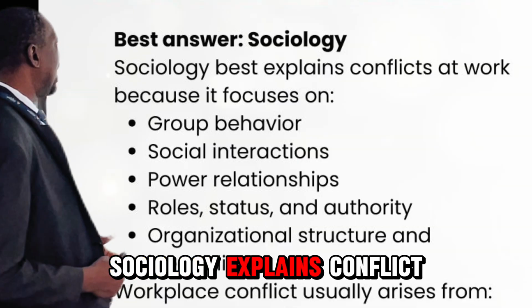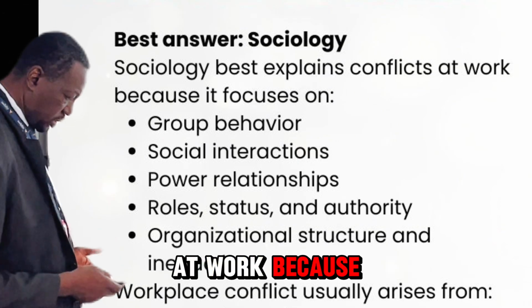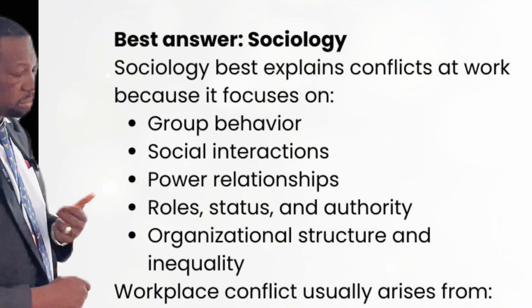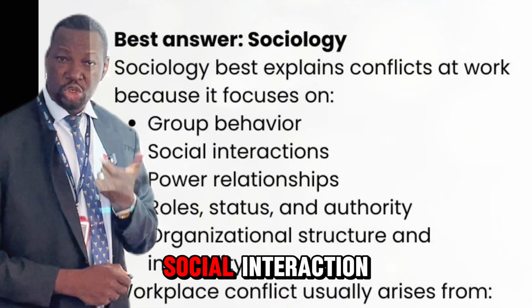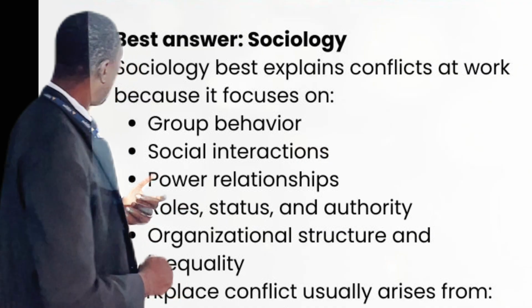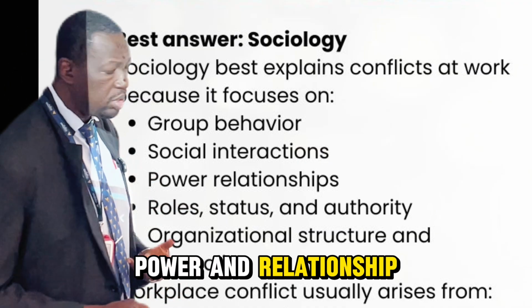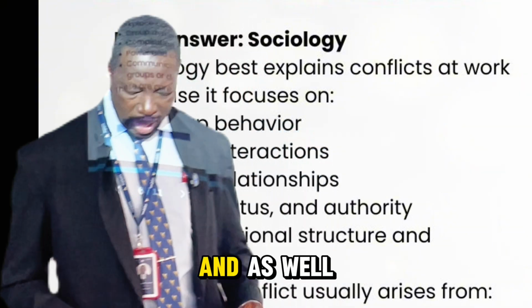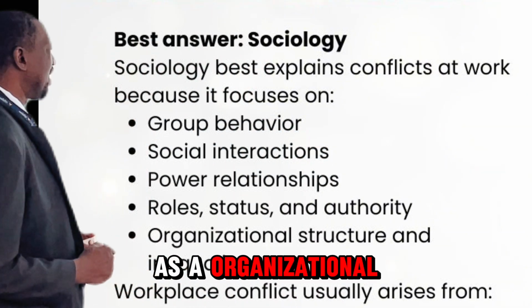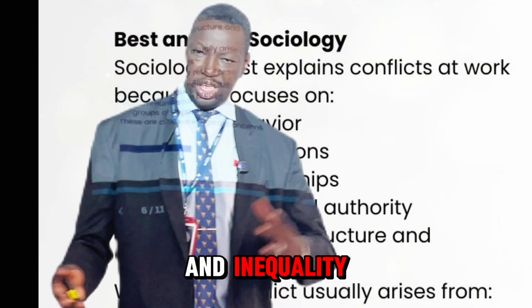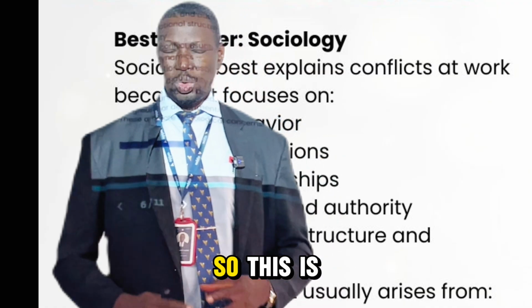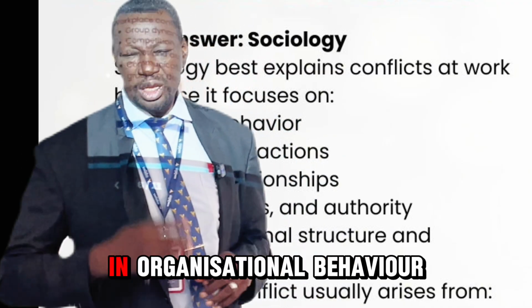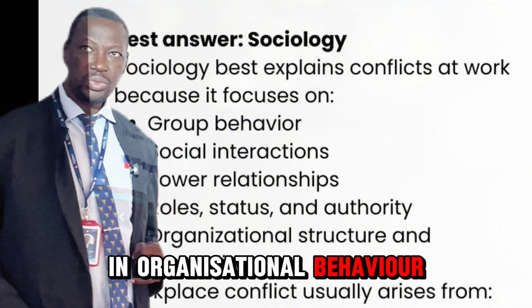Sociology explains conflict at work because it focuses on group behavior, it deals with social interaction, power and relationship, roles, status, and authority, as well as organizational structure and inequality. So this is why sociology is very important in organizational behavior.